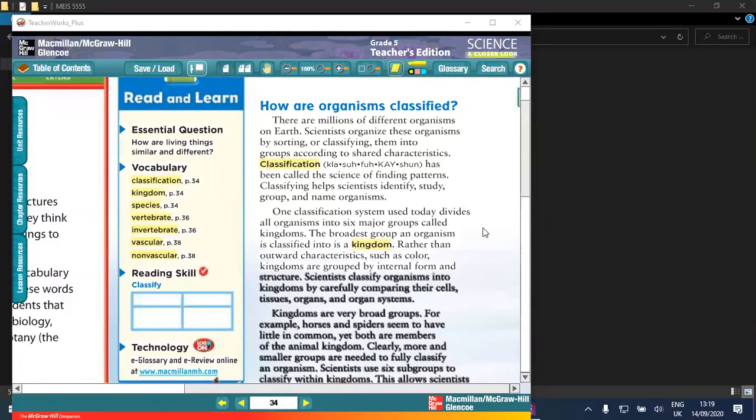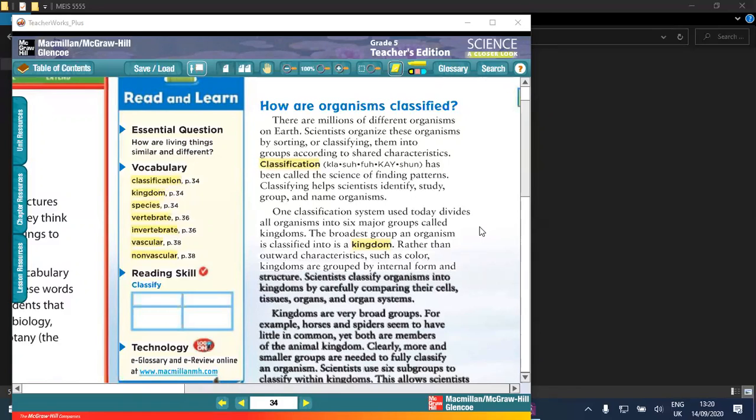How are organisms classified? We have classification, ordering the groups by similarities or differences. And kingdom, we arrange the kingdoms.